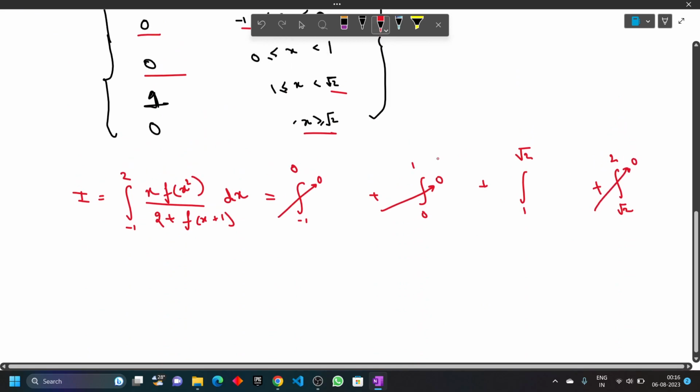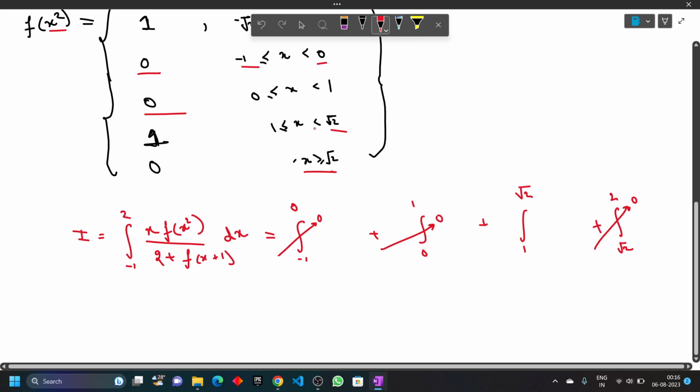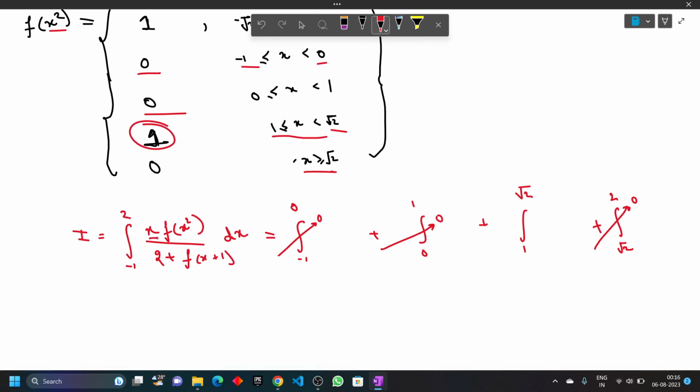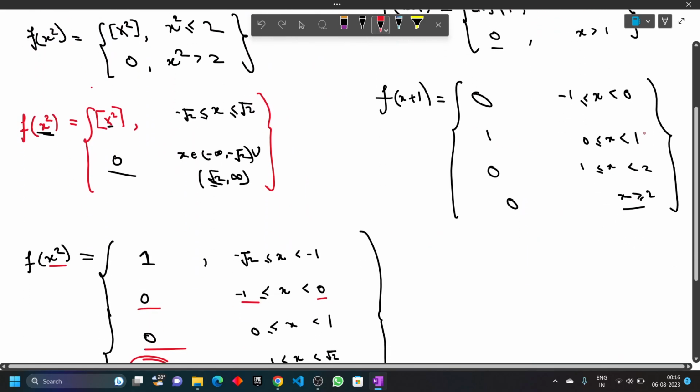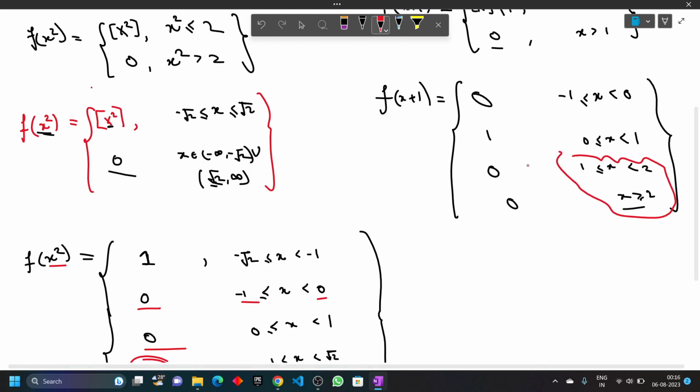Okay. Now, if x is from 1 to root 2, f of x square is 1. So it is x into 1, which is x dx, upon 2 plus f of x plus 1. Now, if x is greater than 1, then f of x plus 1 is 0.